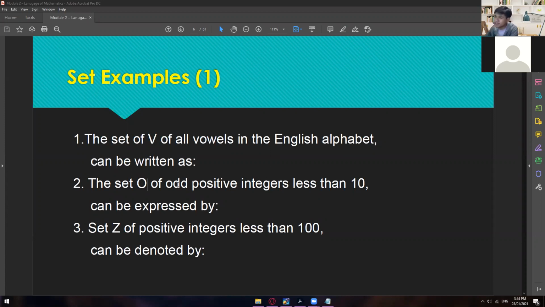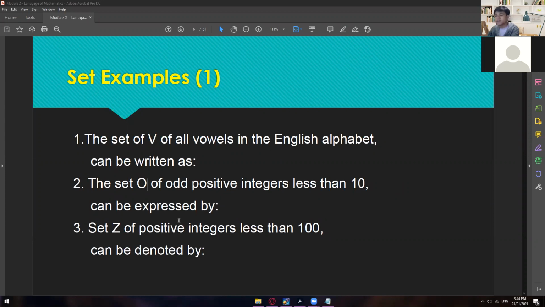But since this one is a set, you have to complete your answer. It should be something like the answer of Mr. Ulmano: a set O, wherein it contains the elements 13579. That's the correct answer for number two.